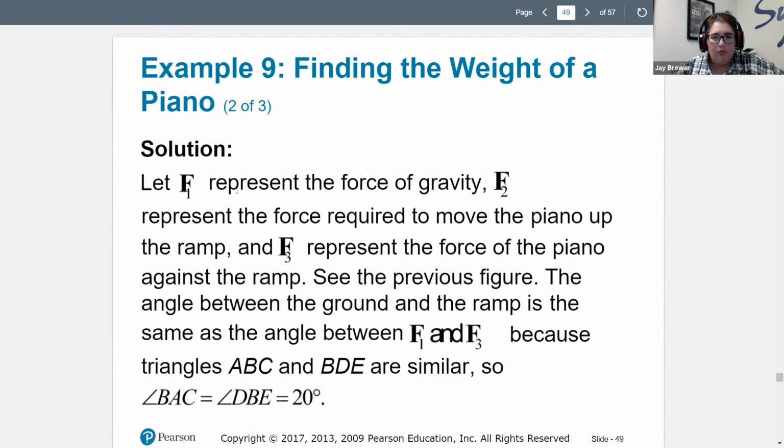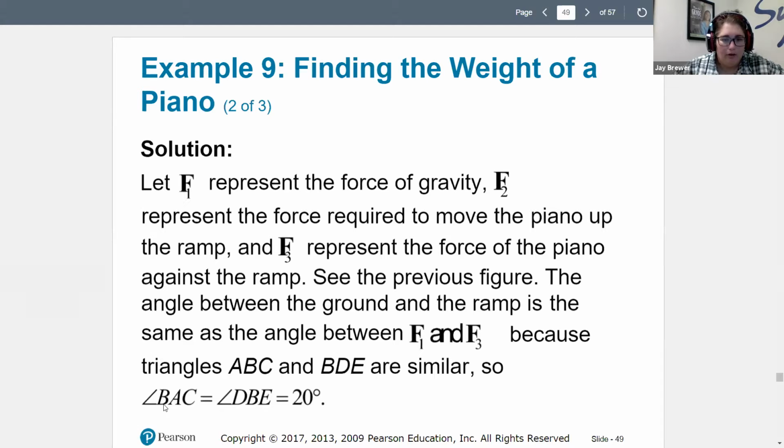So we're going to let force 1 represent the force of gravity and force 2 represent the force required to move the piano up the ramp. Then force 3 is going to represent the force of the piano against the ramp. The angle between the ground and the ramp is the same as the angle between F1 and F3 because triangles ABC and BDE are similar.